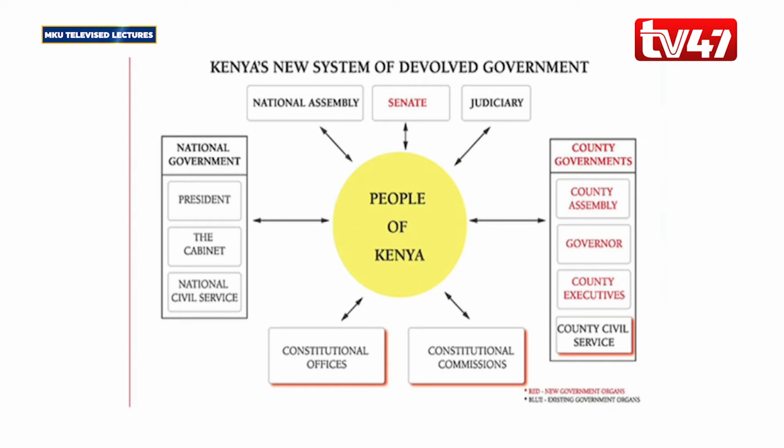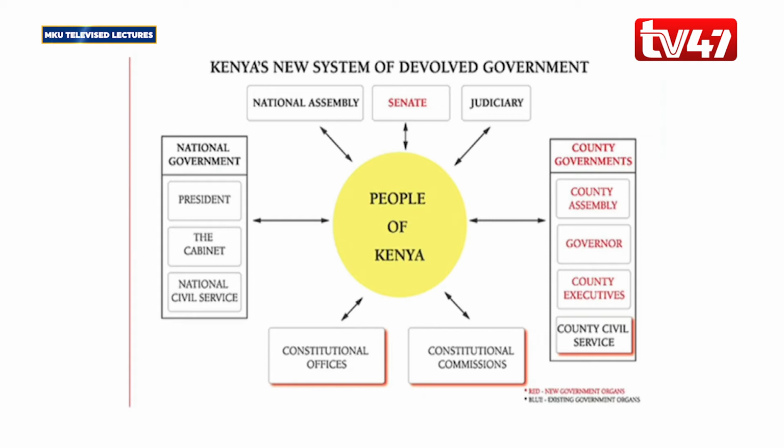It's an independent arm of the government as well, just like the National Assembly, the Senate, and all these other units. And the judiciary makes interpretation of the laws that the National Assembly makes. And shortly we shall look at how all these interacting units function together.